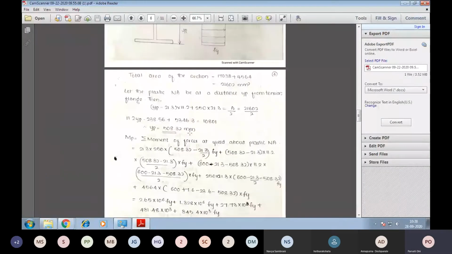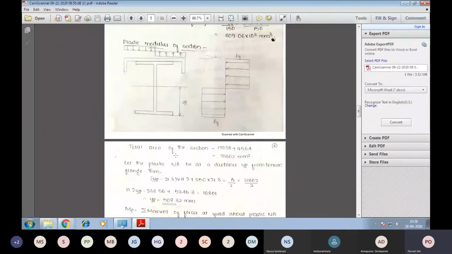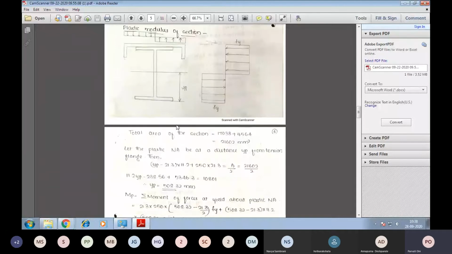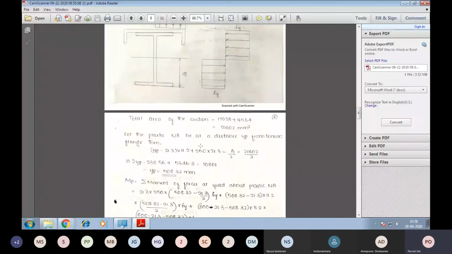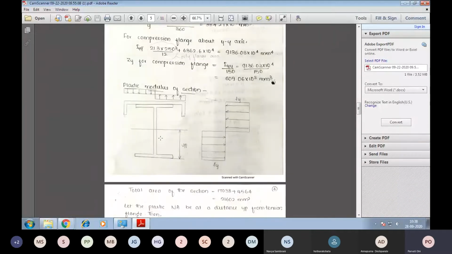Once you get YP, you have got the distance of the neutral axis from the tension flange. Now we shall calculate the plastic moment. What is plastic moment? It is the summation of moment of the forces at yield about the plastic neutral axis. You just have to draw the YP distance.